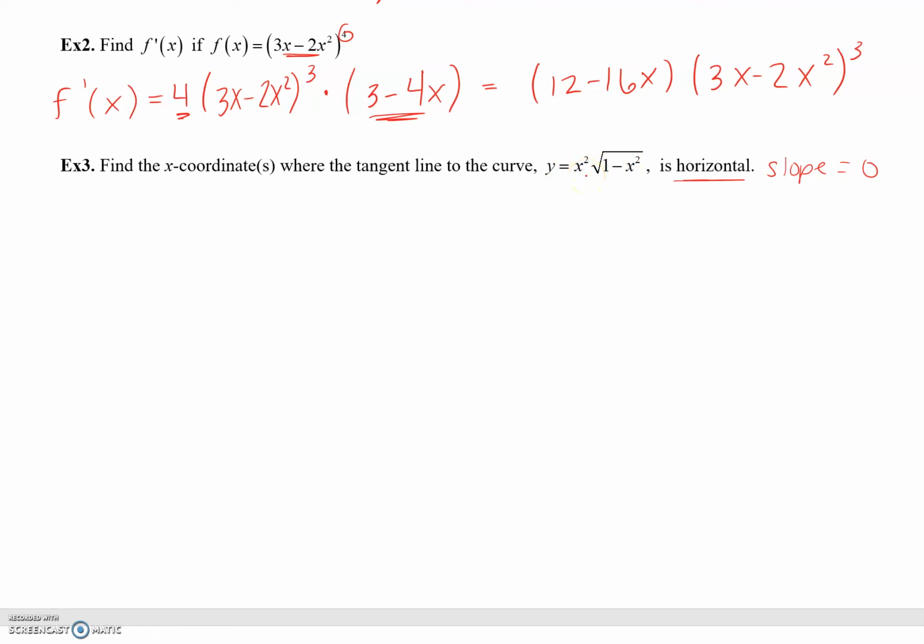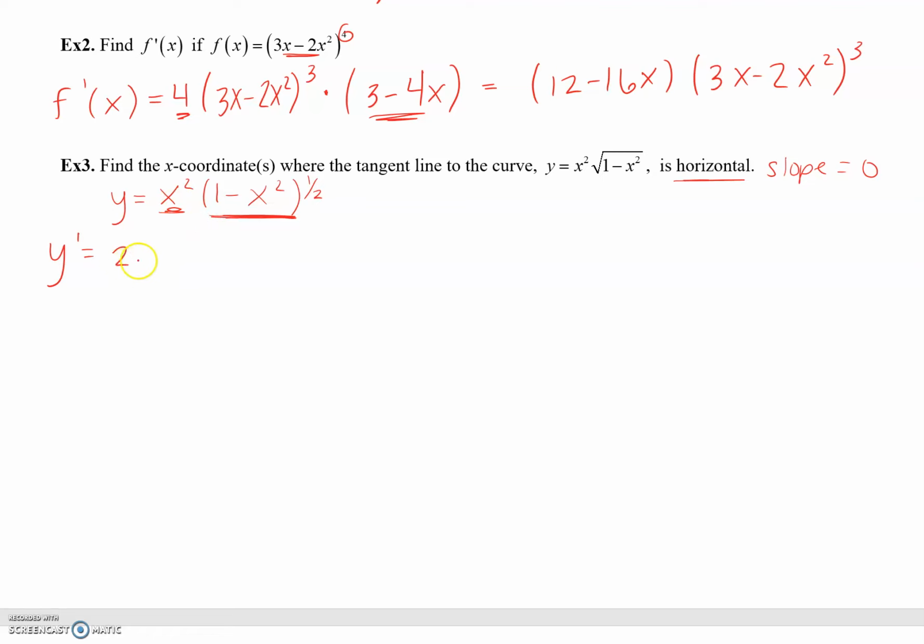So if I want to know where the slope is 0, I probably need to find the derivative and set it equal to 0. Now because I see a root, the first thing I'm going to do before I start taking derivatives is rewrite this with fractional exponents so that I can do the power rule. We always want to do this when we see radicals. So let's try the product rule. This is a product because we have x squared times this other function.